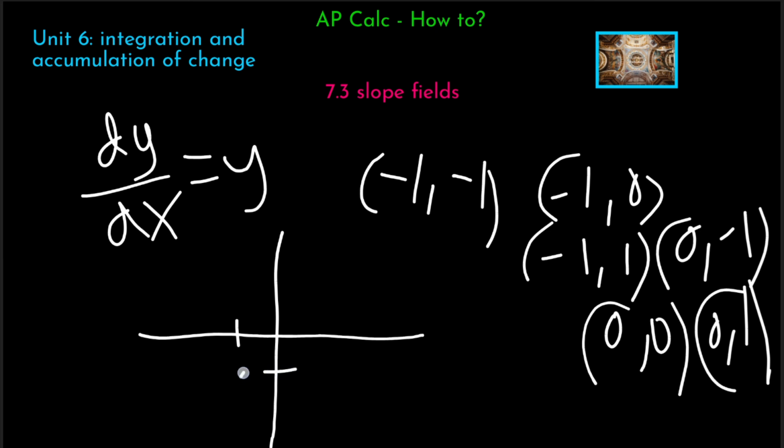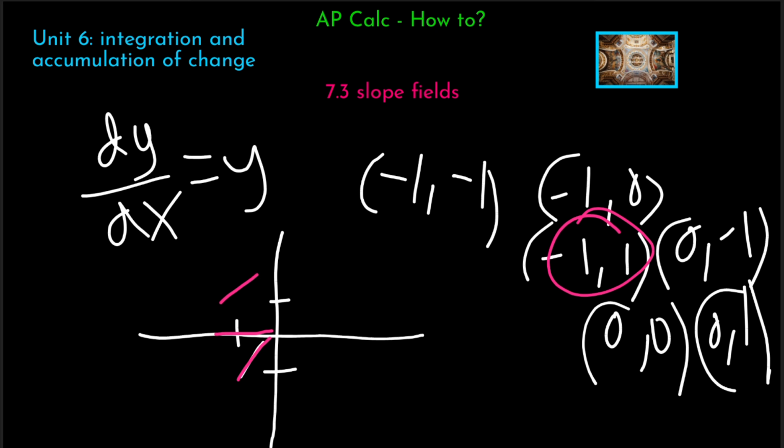which is going to be a slope of negative 1, right? Negative 1, 0, it's going to be a slope of 0. At negative 1, 1, up here, it's going to be a slope of 1.